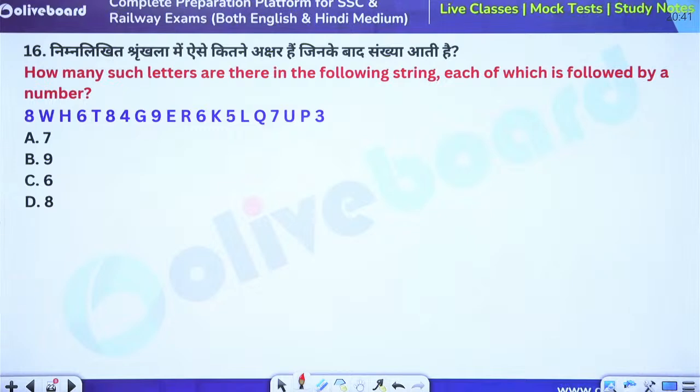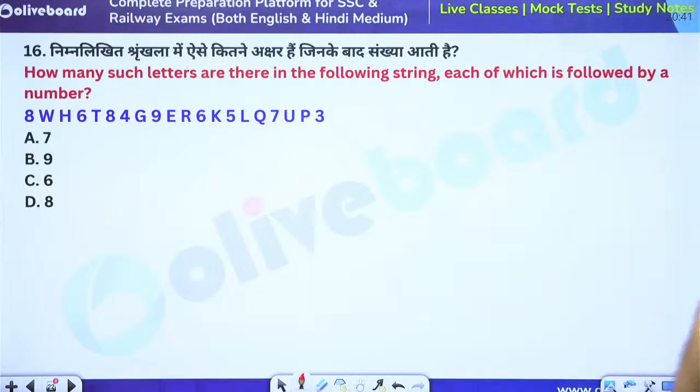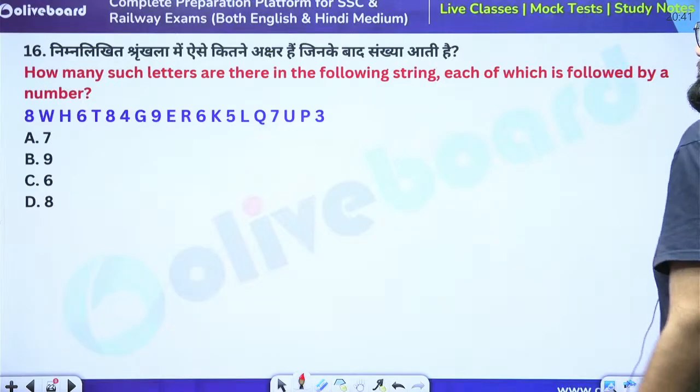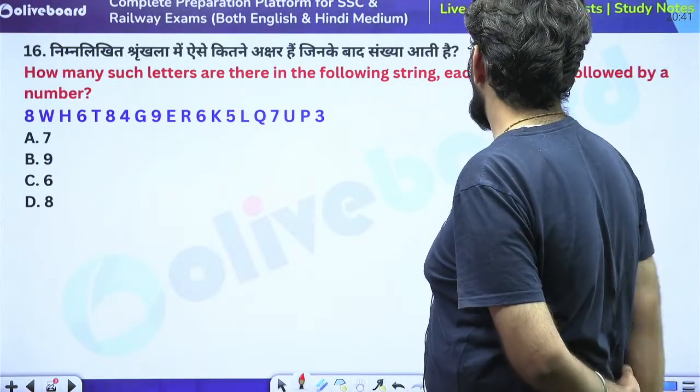Next, based on a different string, how many such letters are there in the following string, each of which is followed by a number?